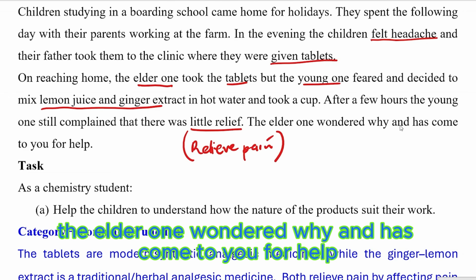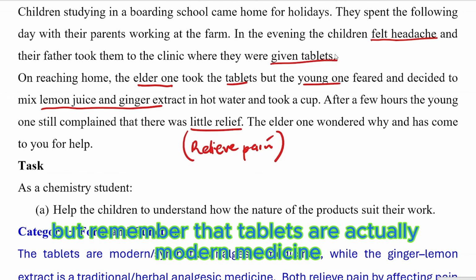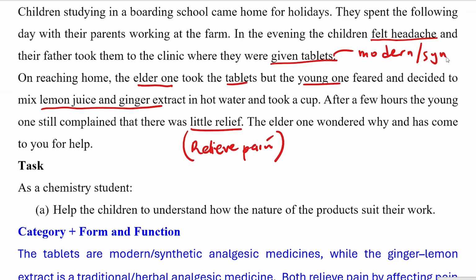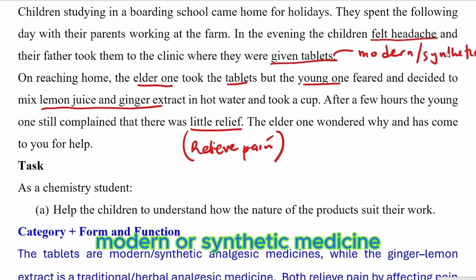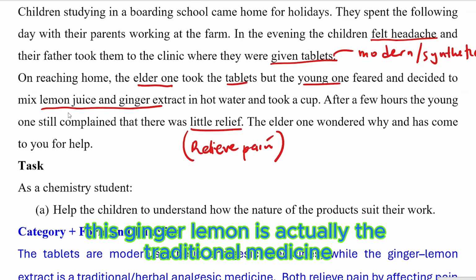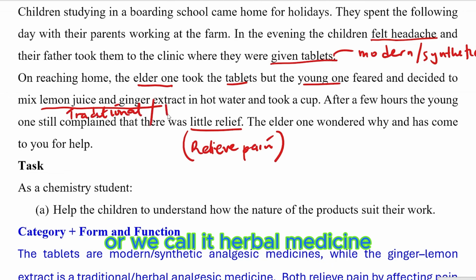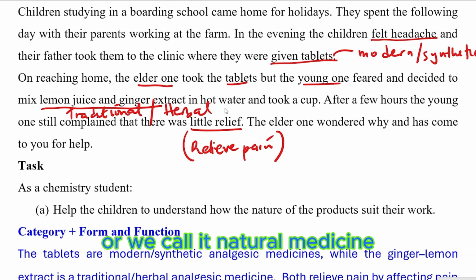The elder one wondered why and has come to you for help. But remember that tablets are actually modern medicine, or we call them synthetic medicine. Then this ginger lemon is actually the traditional medicine, or we call it herbal medicine, or natural medicine.